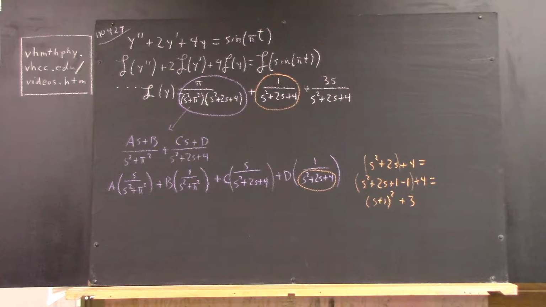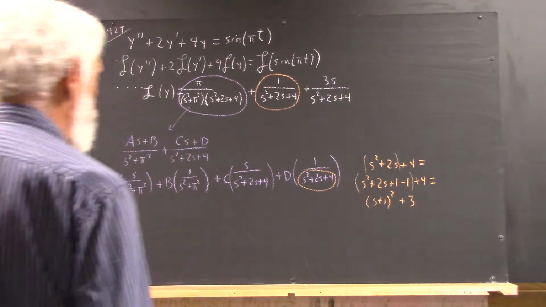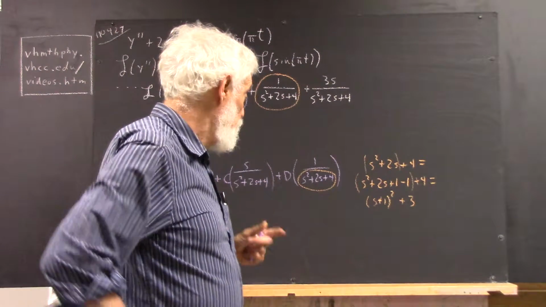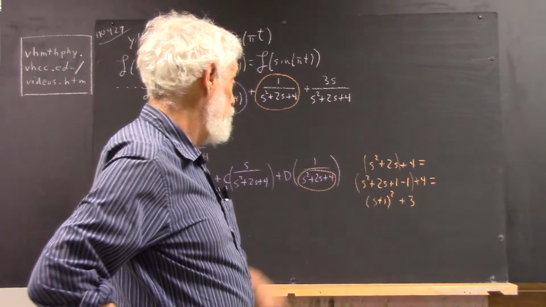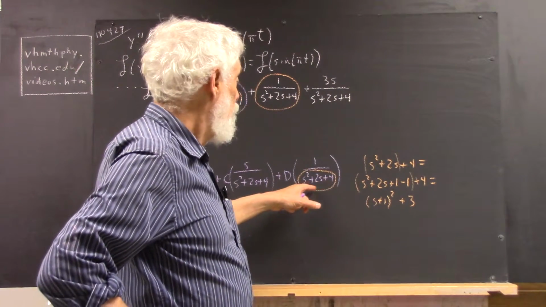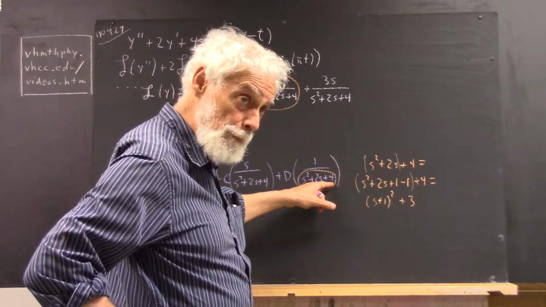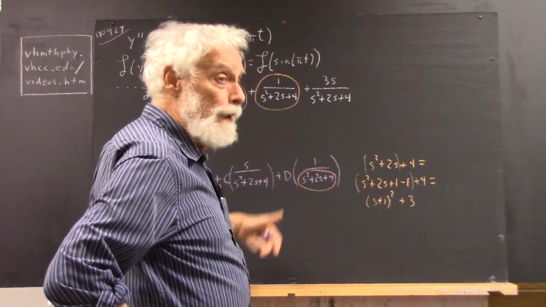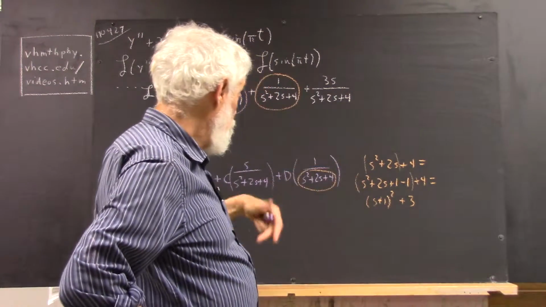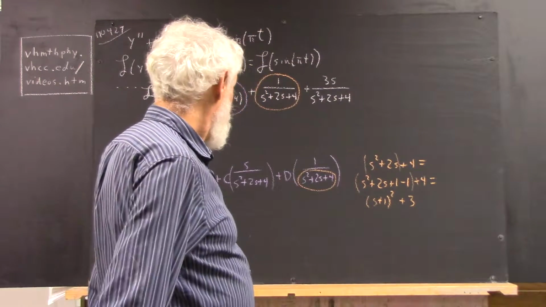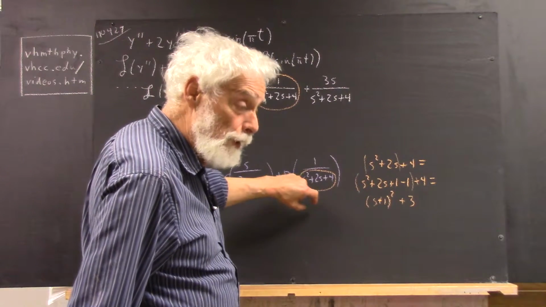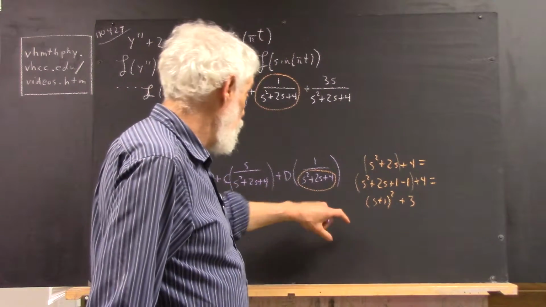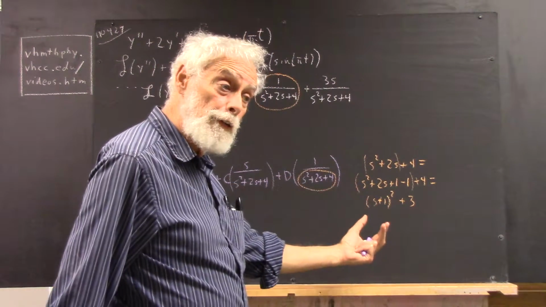I don't want to digress, but if this was s squared plus 2s minus 3, it would factor into s plus 3 and s minus 1. And then you would have 1 over s plus 3 times s minus 1, and you could do partial fractions on that and break that into 2 fractions.